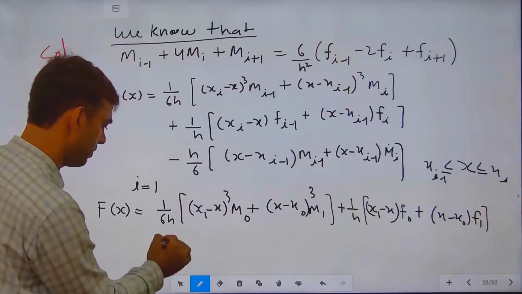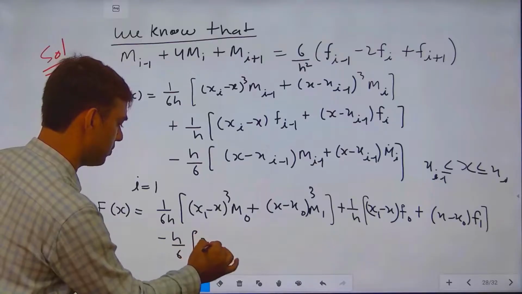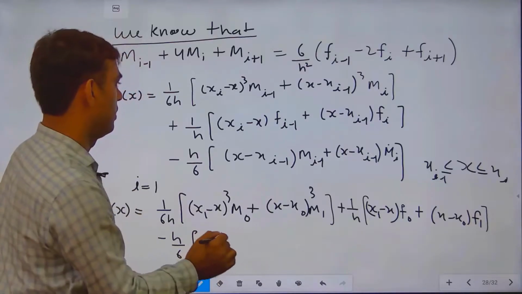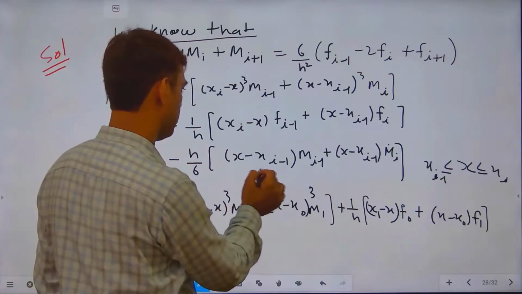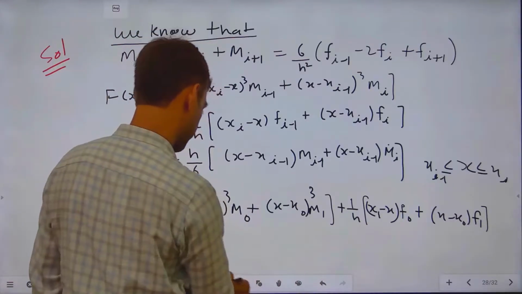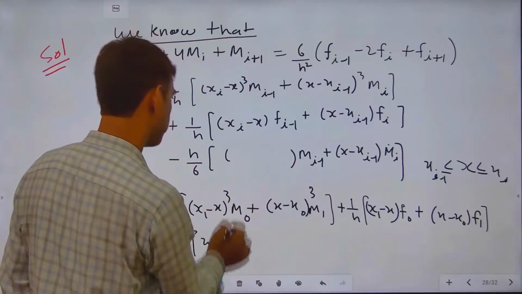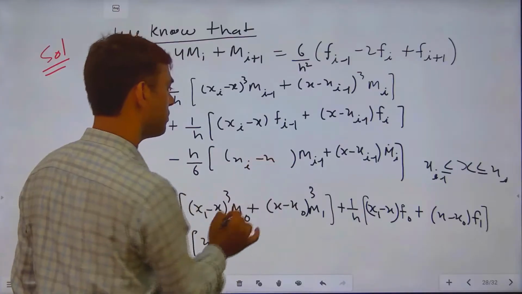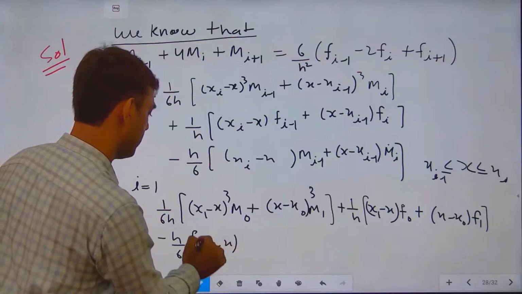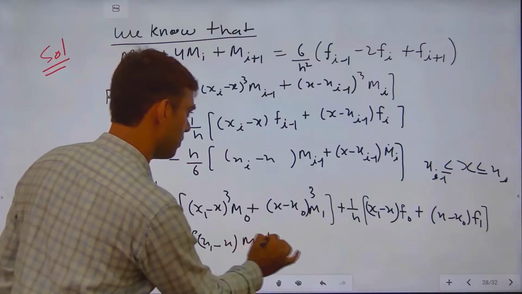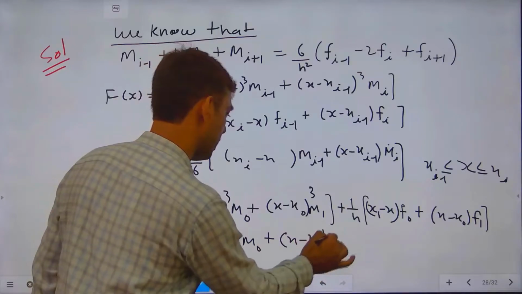Similarly we write the third term, minus h by 6, and here I think this was not written correctly, so we correct it. This becomes (xi minus x), so (x1 minus x) m0 plus (x minus x0) m1.